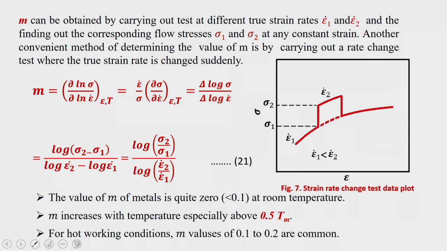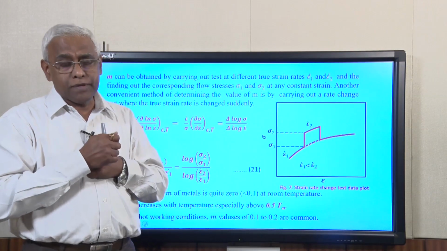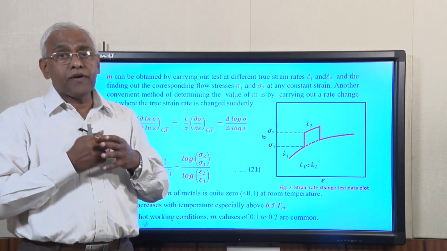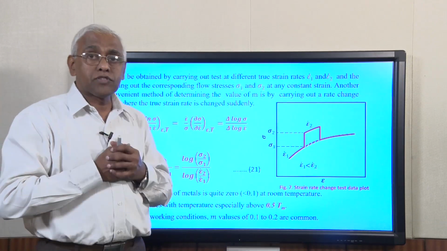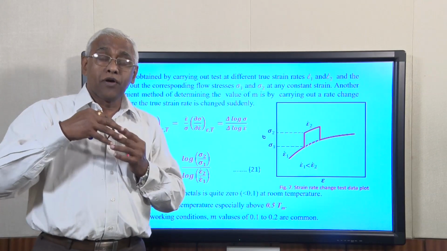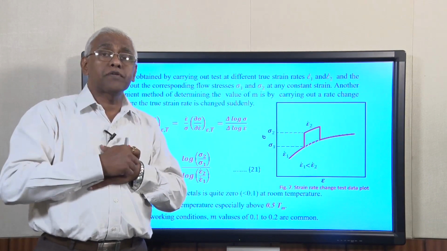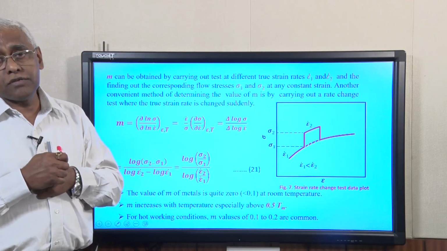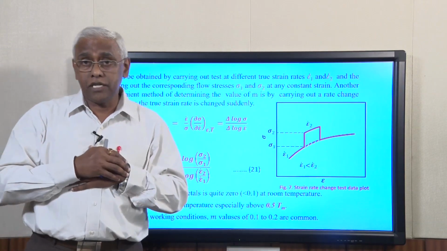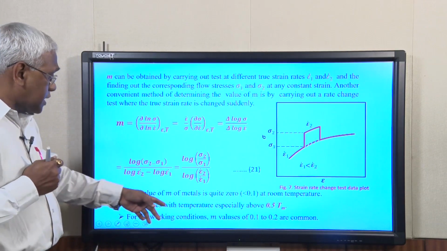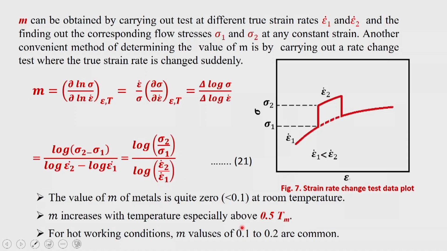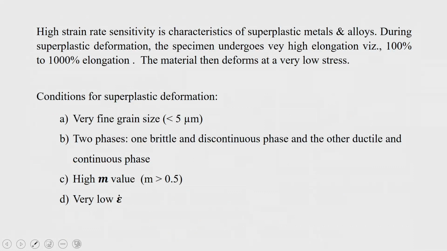The m increases with temperature, especially above a homologous temperature of 0.5. That means when the temperature is more than half of its absolute melting temperature, the strain rate sensitivity comes into the picture. So, the flow stress will be heavily dependent on the strain rate.